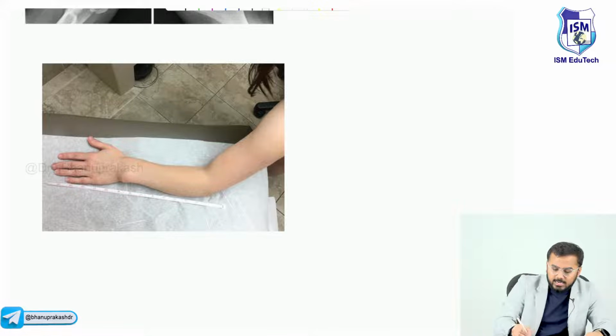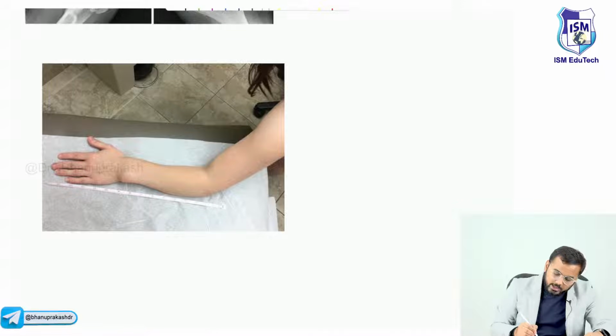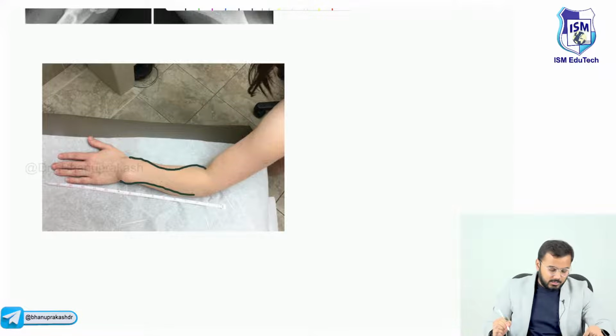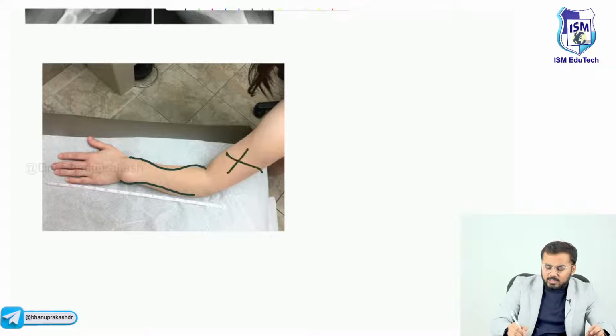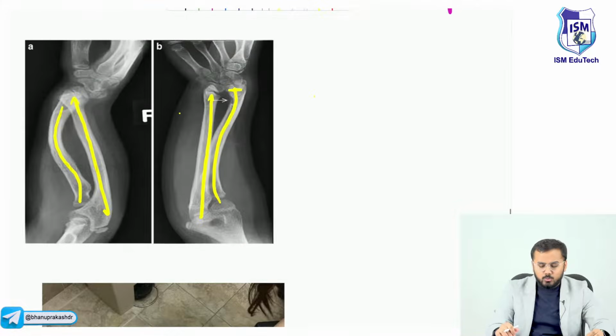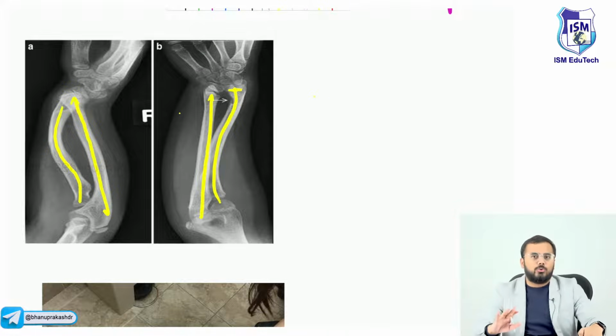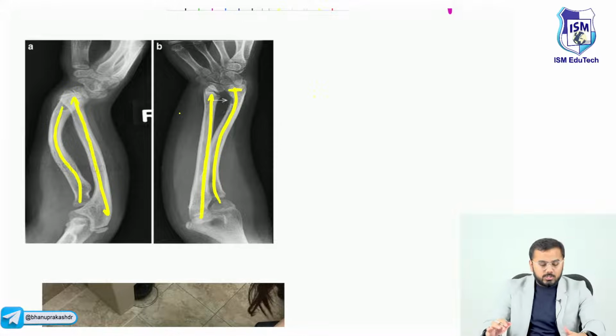But I can figure out that this is our radius bone which is taking a turn, and this is our ulna. Don't worry, no one is going to ask you this picture. Max to max they're going to give you this picture only. So this is all you need to know regarding this.